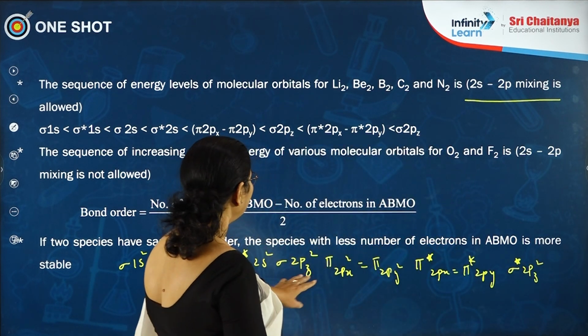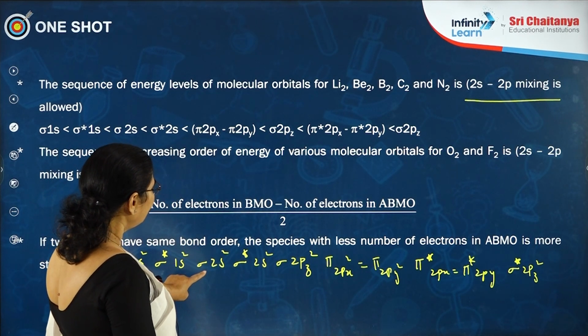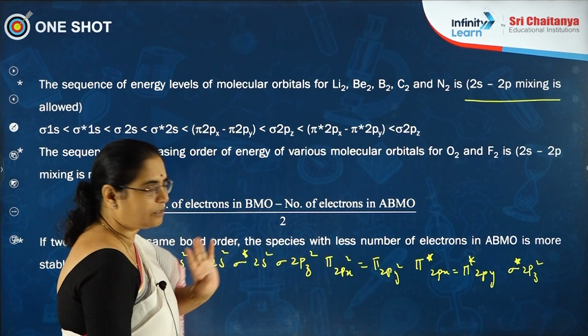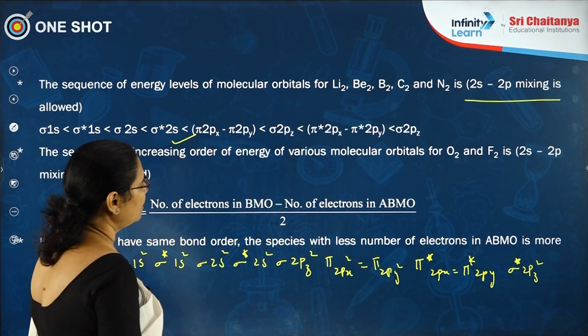This is the order for above 14 electron species, meaning from oxygen onwards we follow this rule. Below 14 we follow one rule, above 14 we follow this rule.